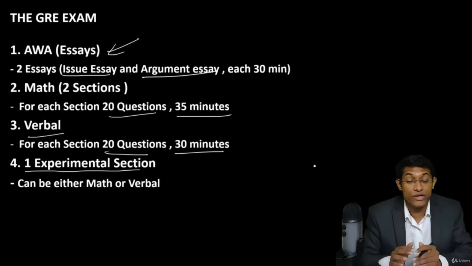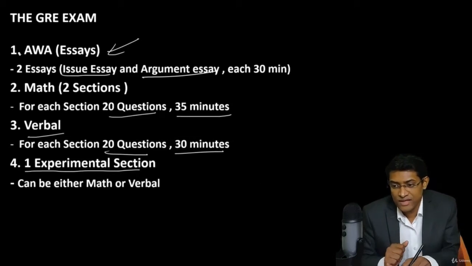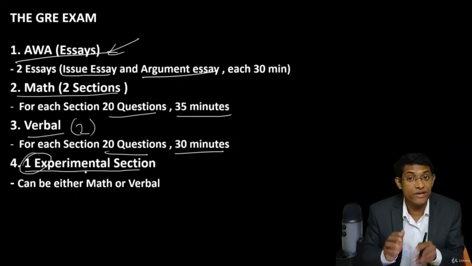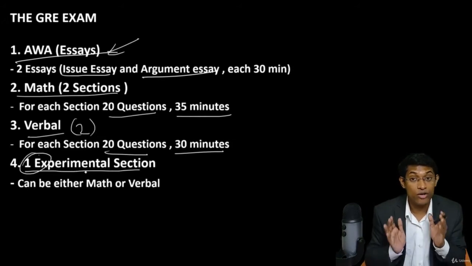So ideally, you should not be worrying about this and just give your best for each section that you encounter in the exam. So let's quickly revise. You have 2 essays to write, you have 2 math sections, you have 2 verbal sections, and you have 1 experimental section which can either be math or verbal.